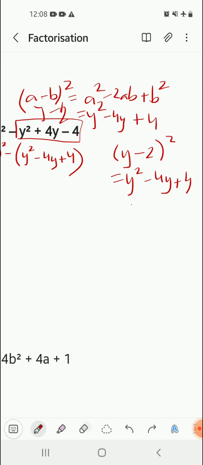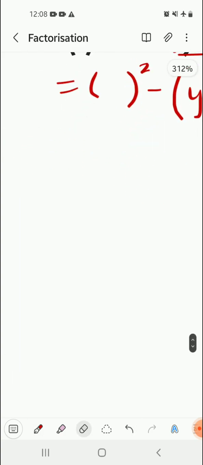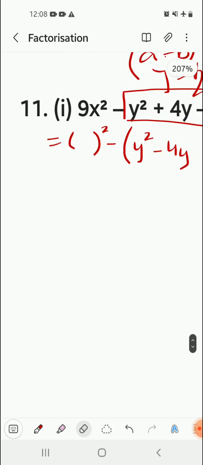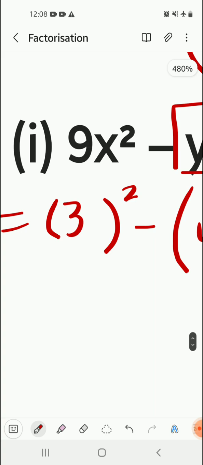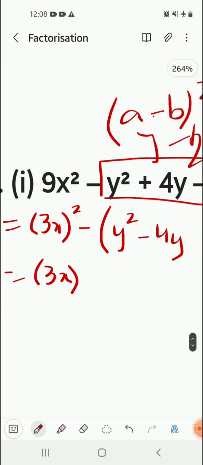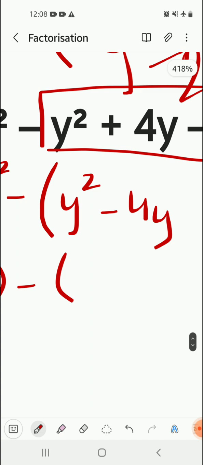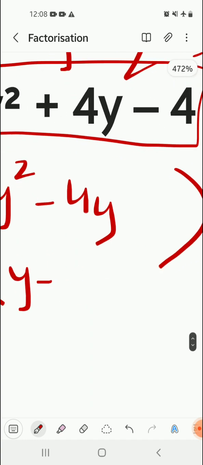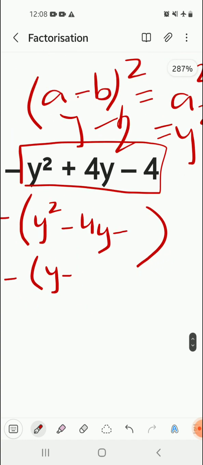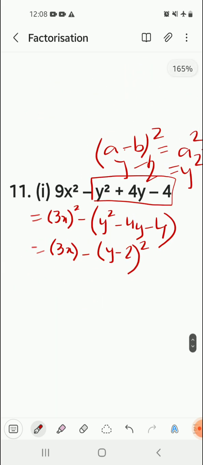So we are going to substitute this and simply write 3x here. Okay. We are going to simply write 3x minus, this is basically the y minus 2 whole square.